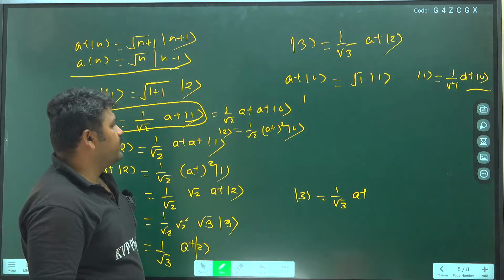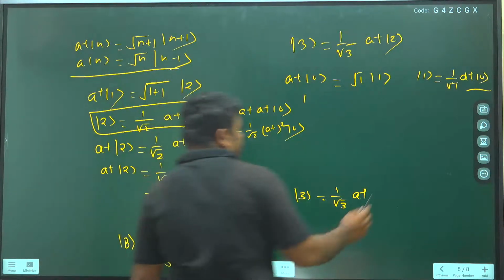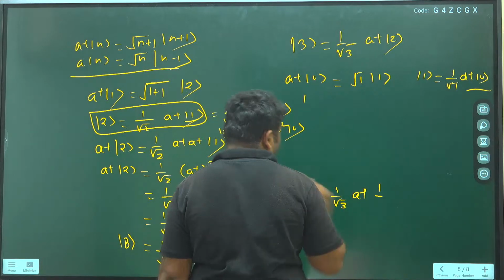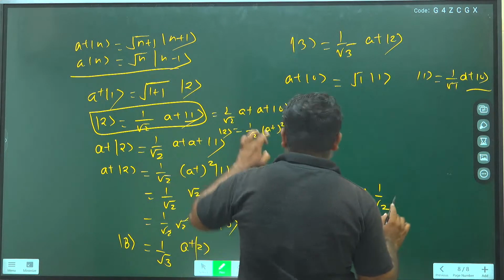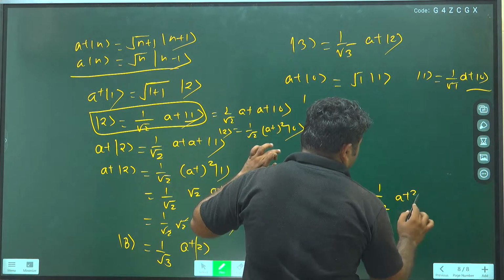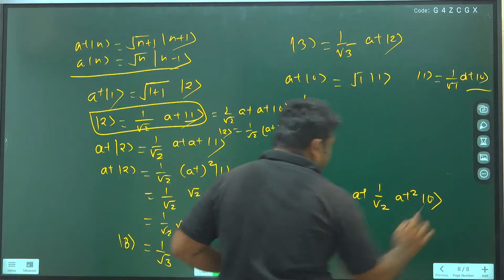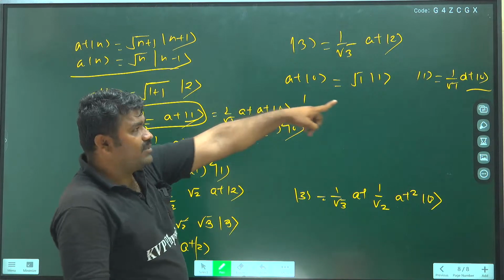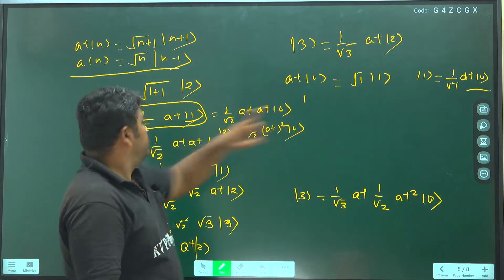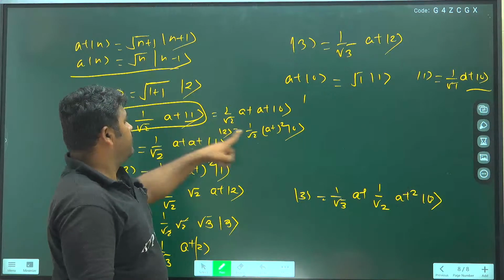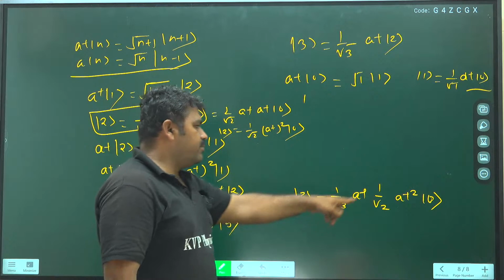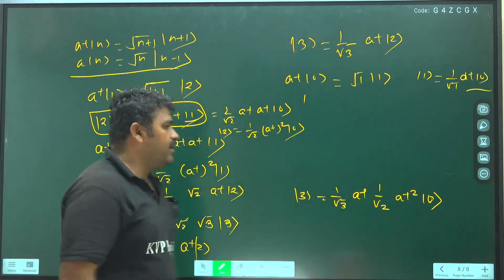A dagger ket 2 is nothing but 1/√2 a dagger square ket 0. So ket 1 has 1/√1 a dagger ket 0, ket 2 has 1/√2 a dagger square ket 0, and ket 3 has 1/√3 a dagger, and a dagger square becomes a dagger raised to 3.